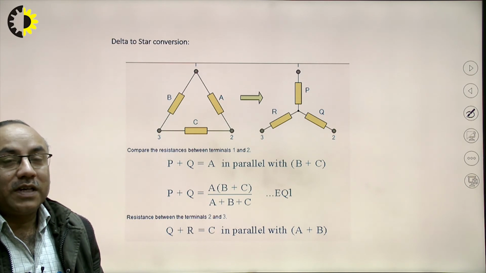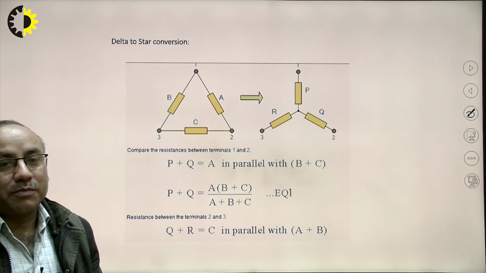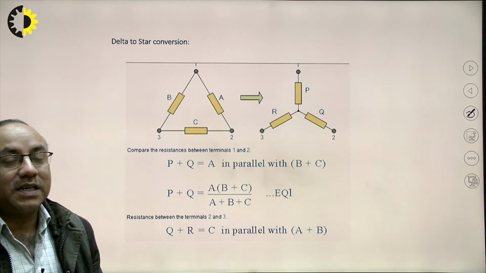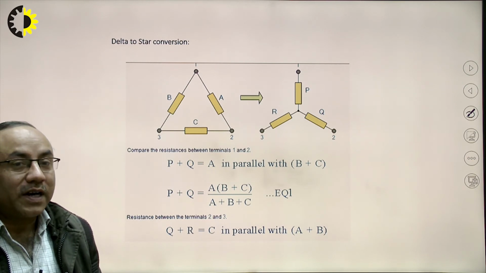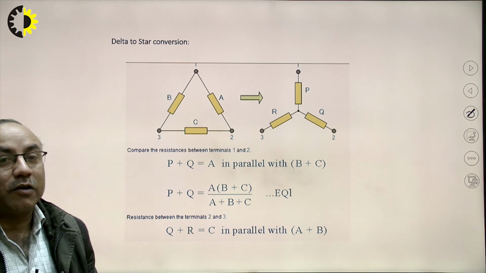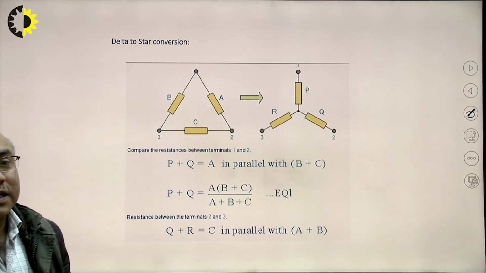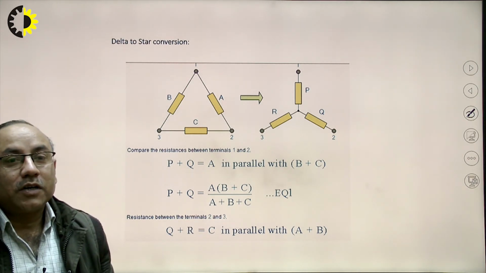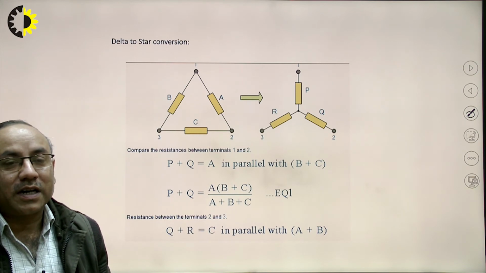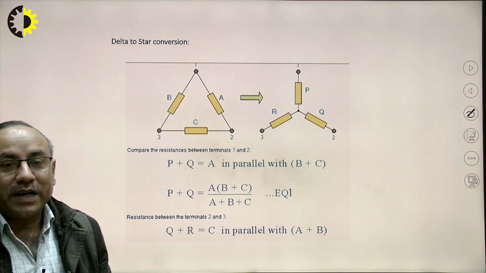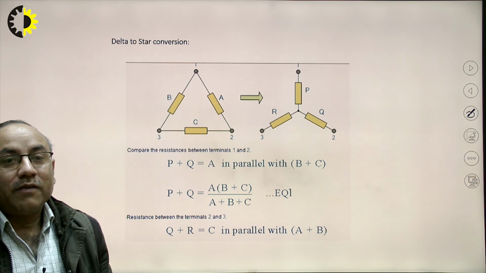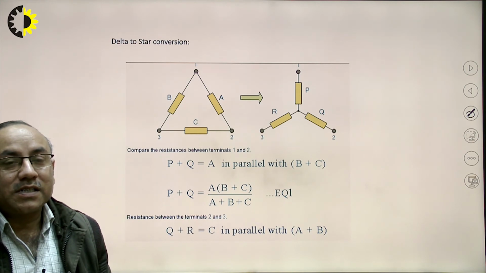Now, suppose we are connecting the three elements in delta and we want to convert it into the equivalent star. How to convert it? That comes under the head of delta to star conversion. For finding this equivalency, we find the equivalent resistance across the pairs of terminals.